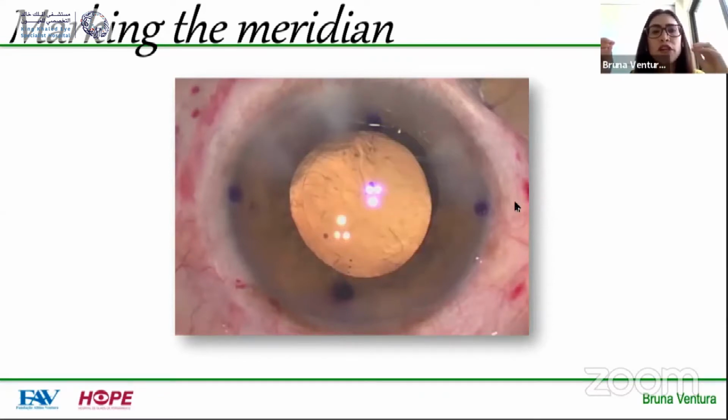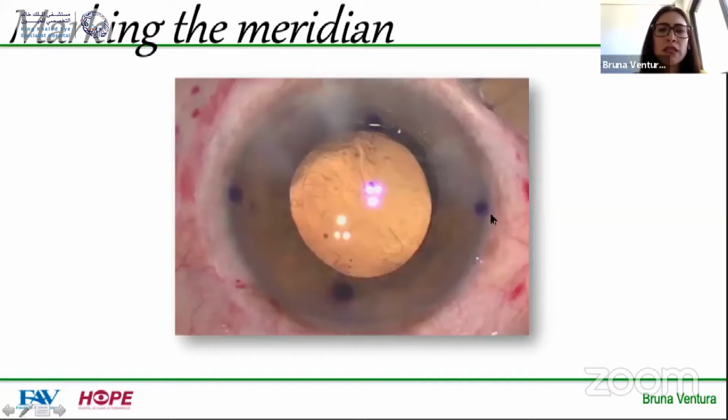So in order for us to not get confused in which marking is for the femtosecond laser and which marking is for the Toric IOL, we have the standard routine of always marking the 2 marks for the Toric lenses close to the pupil, which even makes it easier for us to know where to align it. And we do the 2 markings for the laser by the limbus.